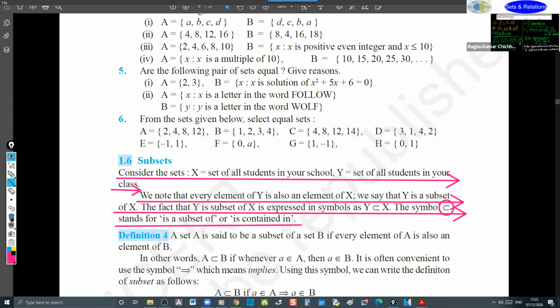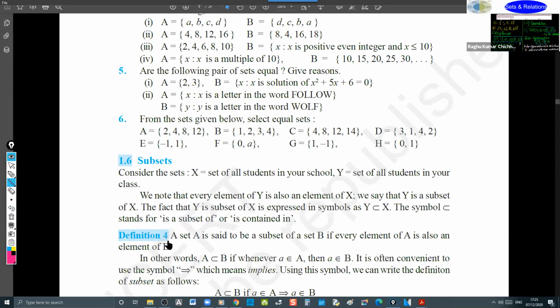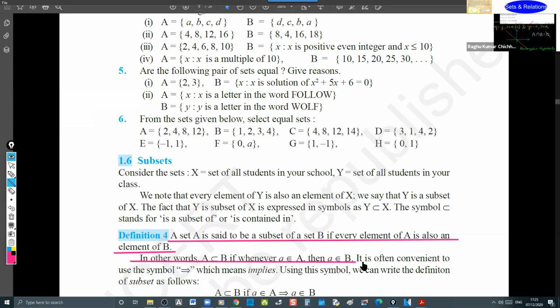is a subset of, or is contained in. Okay. Just now I explained with examples, and I'm not going to extend it. A set A is said to be a subset of a set B if every element of A is also an element of B. That will be better. In other words, A is a subset of B if whenever a belongs to A, then a belongs to B also. It is often convenient to use the symbol ⇒, which means implies.